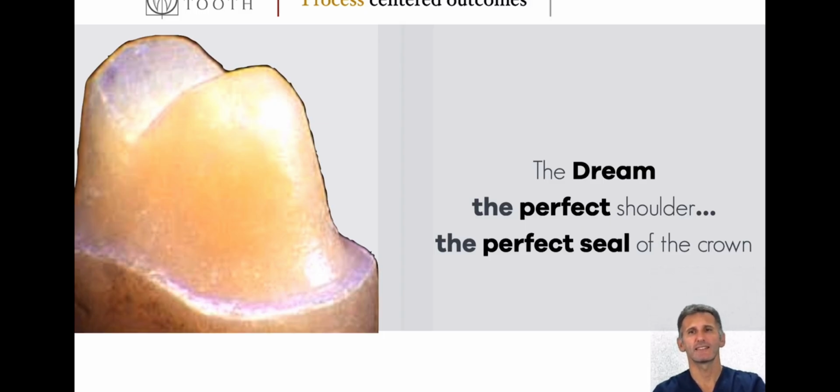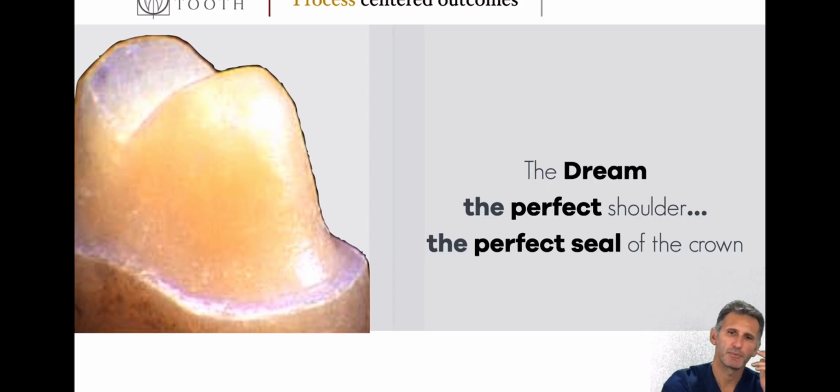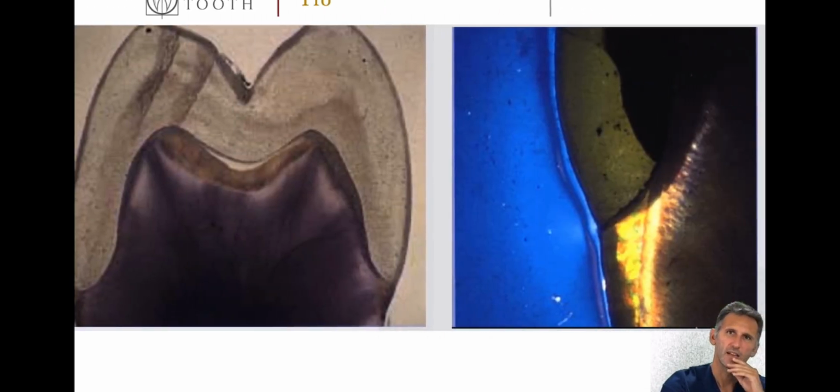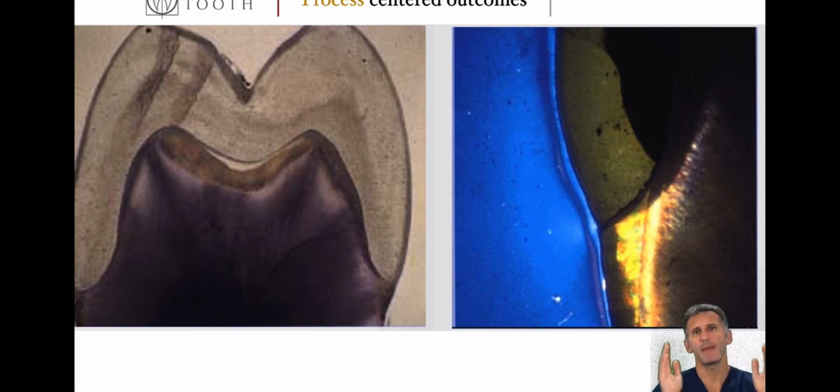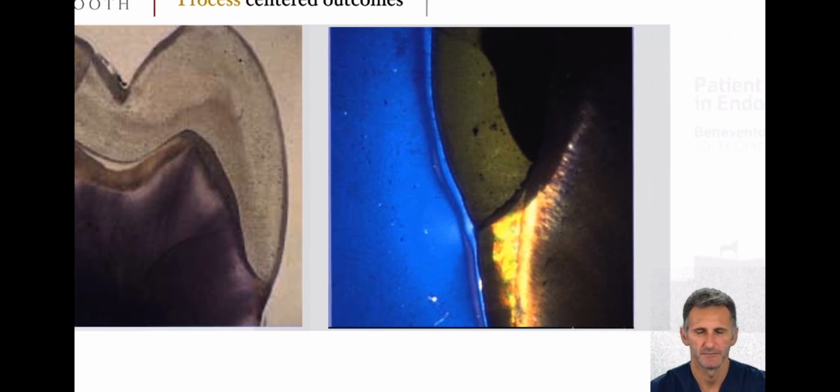So you will realize that doing it, the shoulder, the perfect shoulder, the perfect seal of the shoulder of the crown, these are just process. And that the process outcome is related to the patient outcome. We think that they are the same, but they are not.